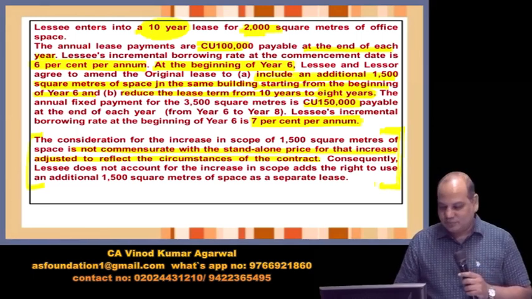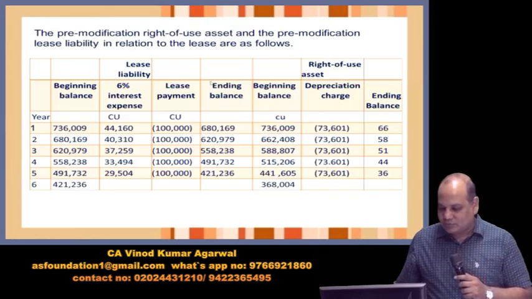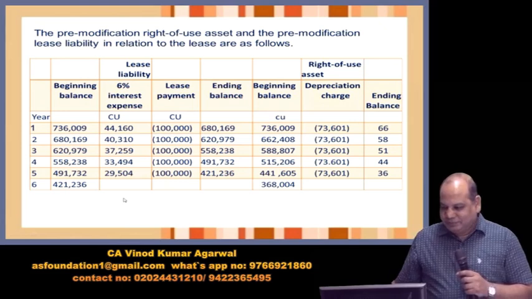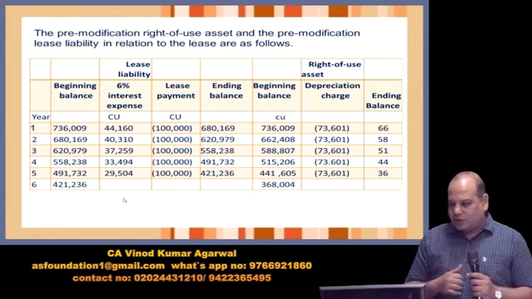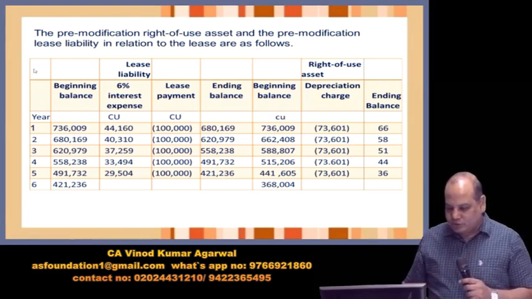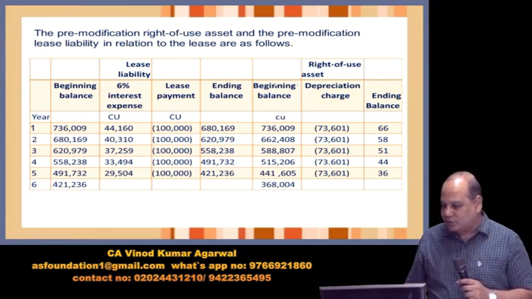Okay. So first what you do? First you take your calculator and find out what is the value of the liability and the asset at the beginning of year 6. So on the screen you see this lease liability calculation.